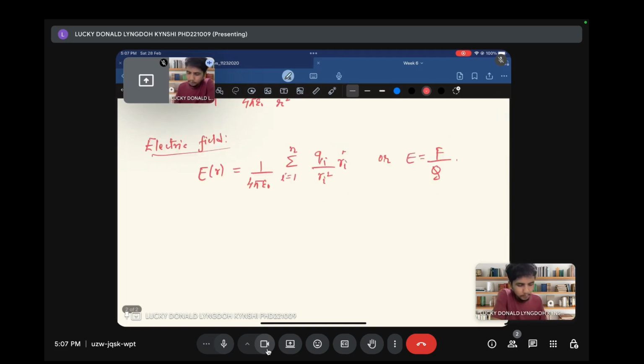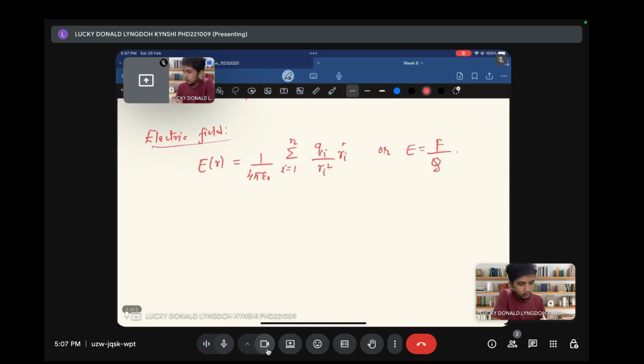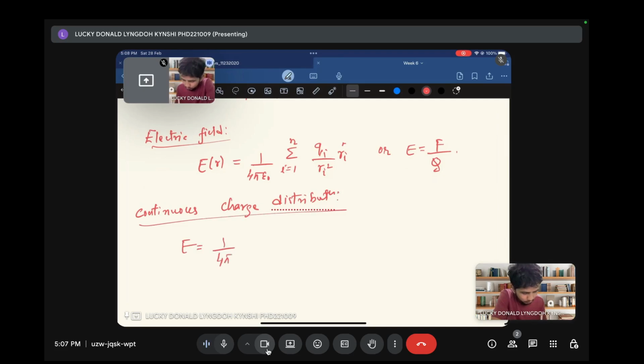If you want to convert this into a continuous charge distribution, what happens is that you can write E is equal to 1 by 4 pi epsilon naught. Instead of the summation, you write integration, and instead of q, you write dq, divided by r squared, into r cap.